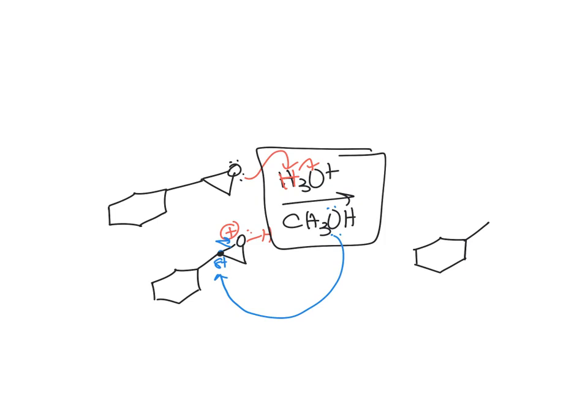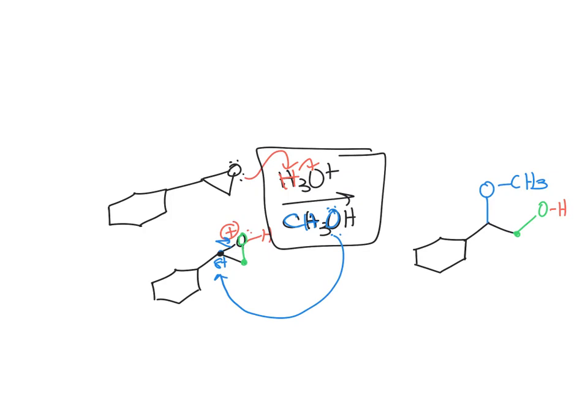Folks, make sure that you understand that this oxygen here stays on this carbon here, and that goes OH, and then this oxygen that's bonded with this is going to go here, OCH3, and then the H gets deprotonated.